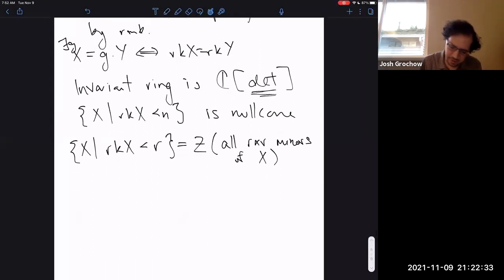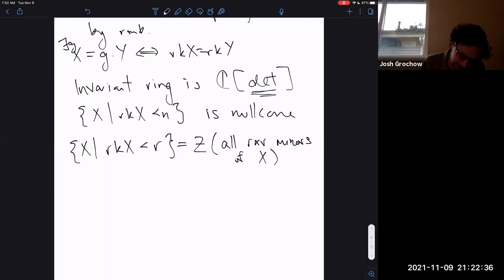Okay, and my claim is that the span of the R by R minors is a G representation.